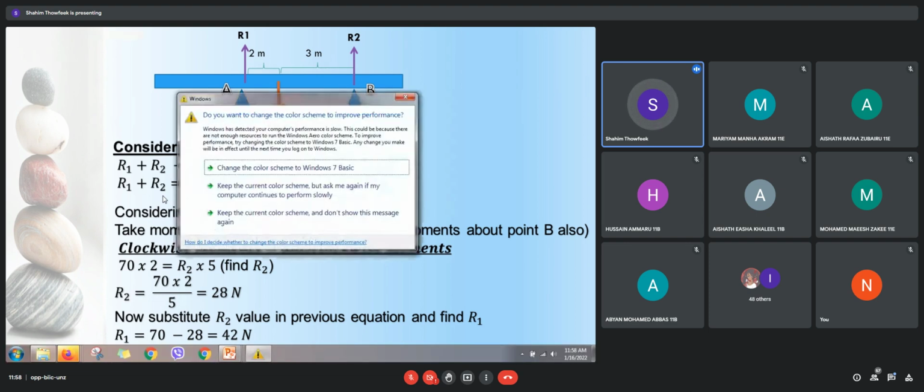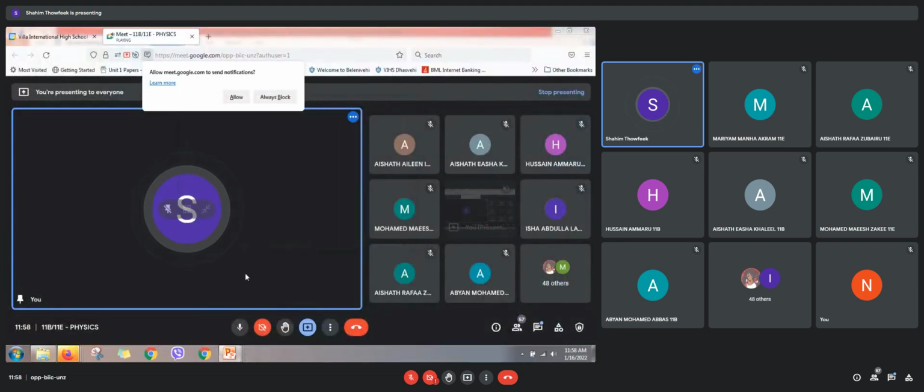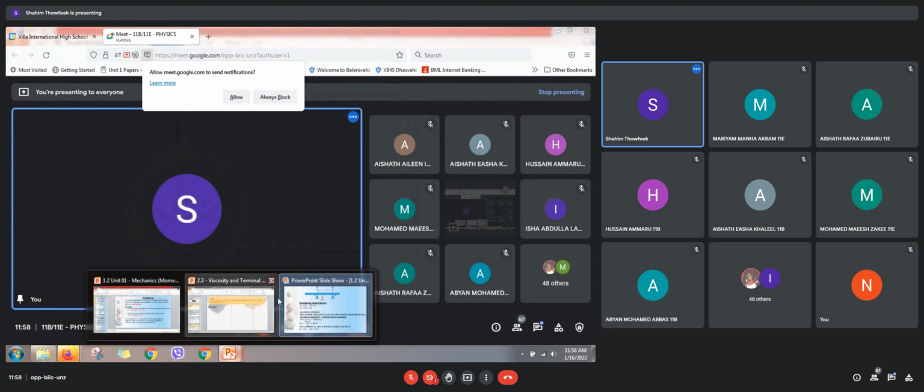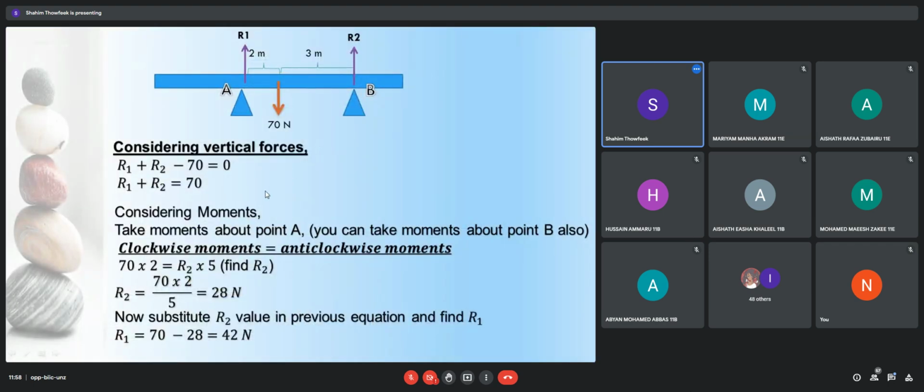What are the clockwise moments about point A? The weight is acting. Any other clockwise moments? No. Weight times the perpendicular distance: 70 times 2.